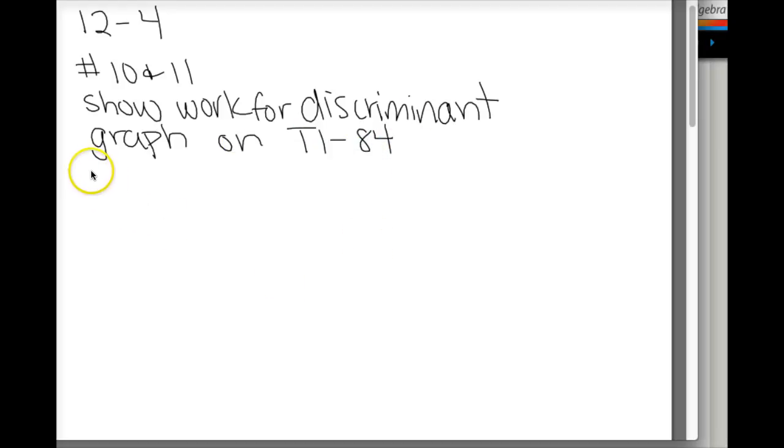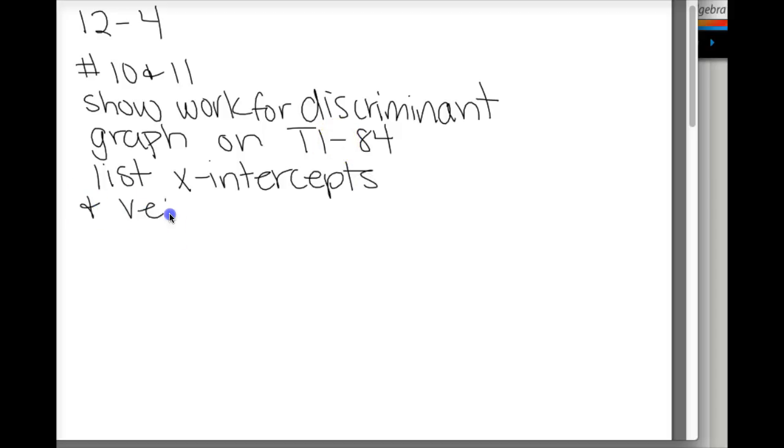You need to list the x-intercepts because it says to find them. I am going to add that you also need to list the vertex, because you can't properly graph it if you don't know where the vertex is. We're going to find these the same way we've already found them. This is not new. I'm going to go through one example again with you, but they're the same functions we've been using.